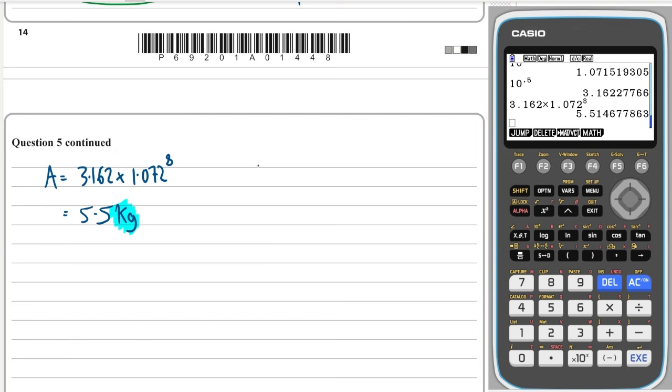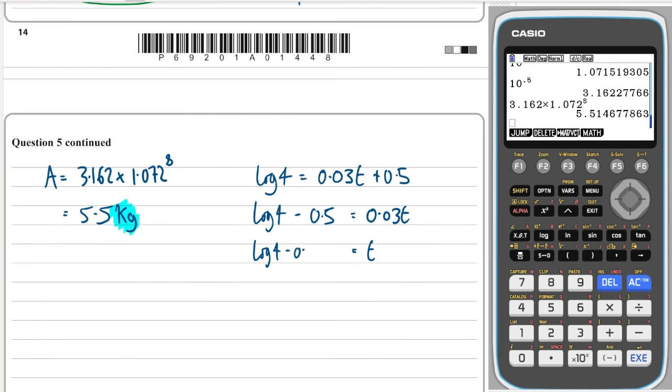So I would write that log of 4 is equal to 0.03 T plus 0.5. So therefore, rearranging this is going to give me log 4 minus 0.5 is equal to 0.03 T. So T will equal log 4 minus 0.5 over 0.03.